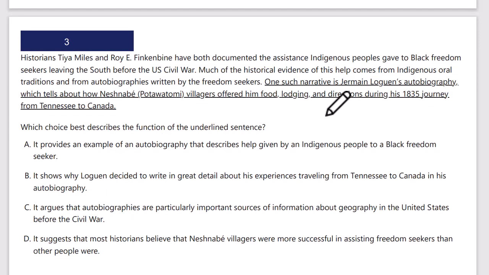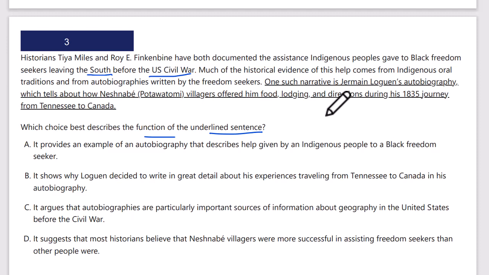Okay, we're looking for a function of the underlined sentence. Let's begin reading. Historians Tia and such have documented the assistance indigenous peoples gave to Black freedom seekers leaving the South before the U.S. Civil War. So the indigenous people, the Native Americans, helped the Black people leave the South, and this is pre-war.